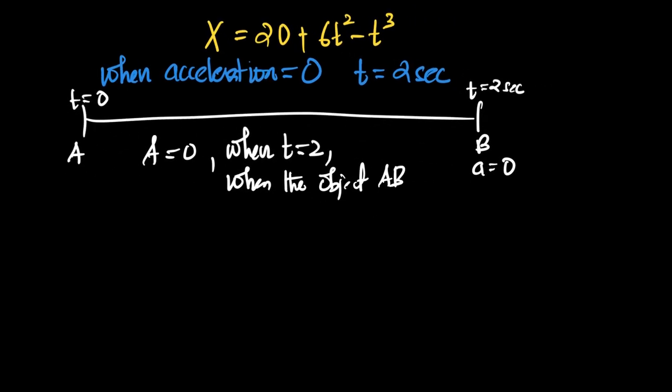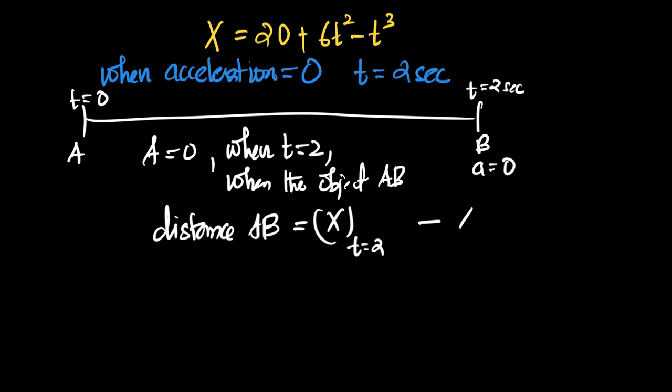Now we can say that distance AB is what we need to find. So distance AB is basically equal to distance covered at time t is equal to 2 seconds minus distance covered at time t is equal to 0 seconds.